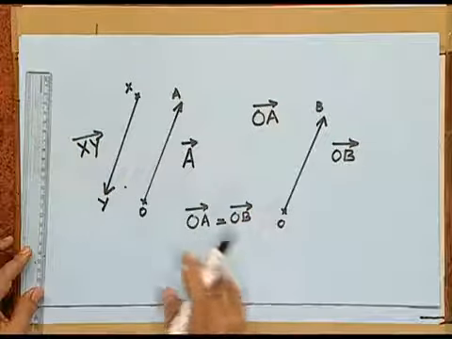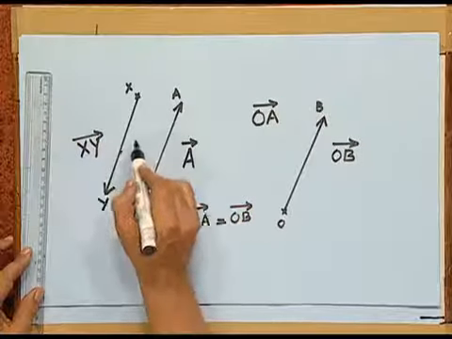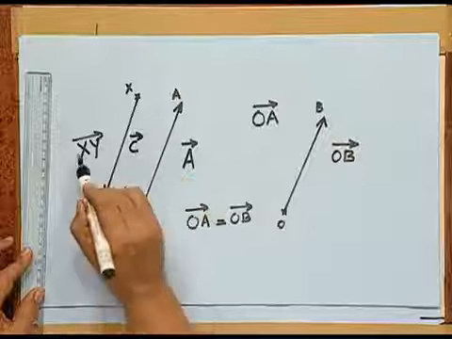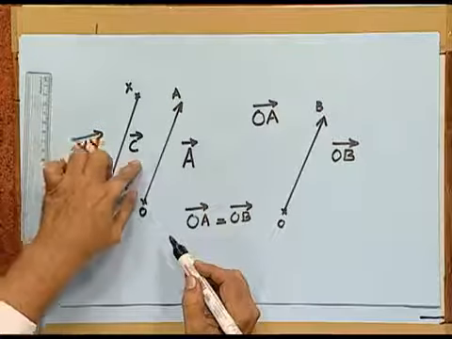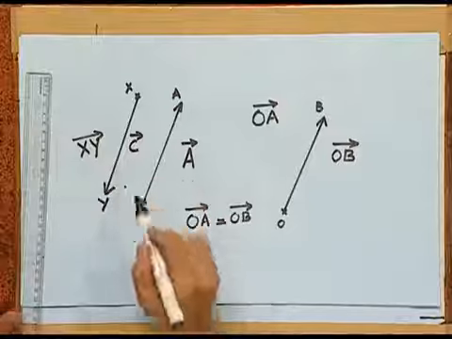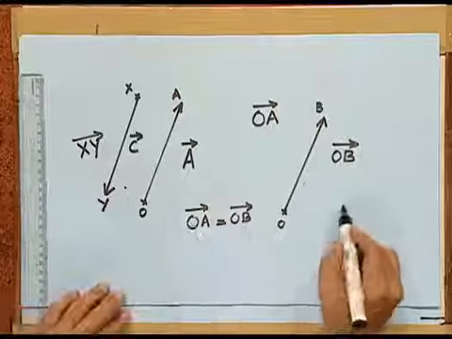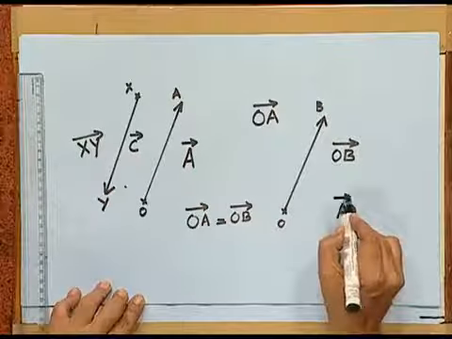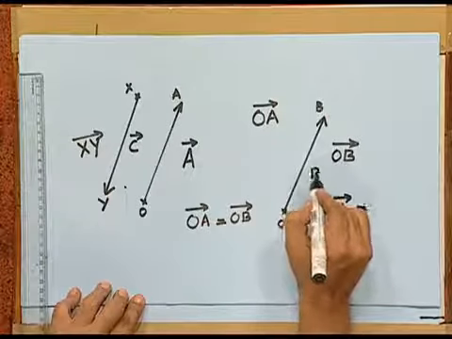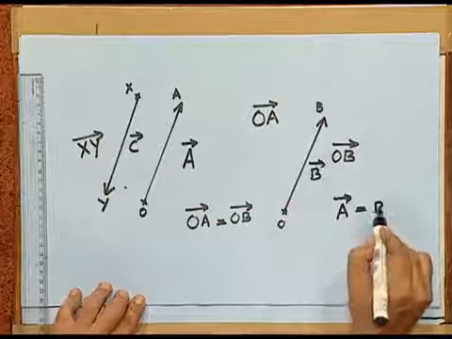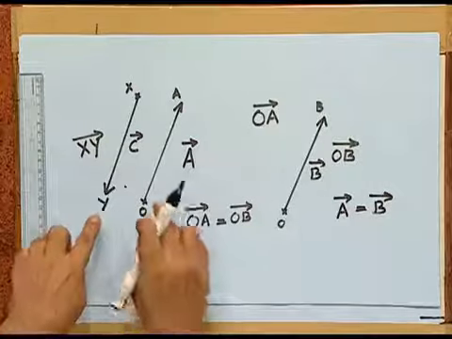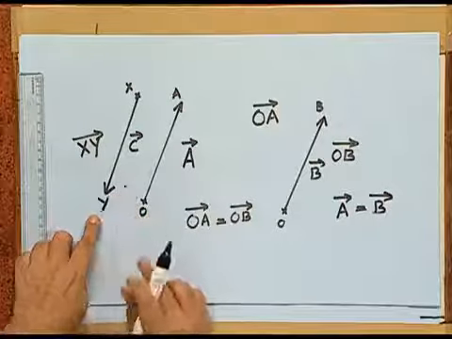So, if I call x y vector C, that is, beginning to ending, represented by a single letter with an arrow on top, vector A is equal to vector B, if I call this vector B, but A and C are not same.